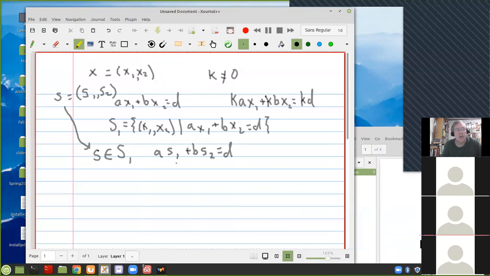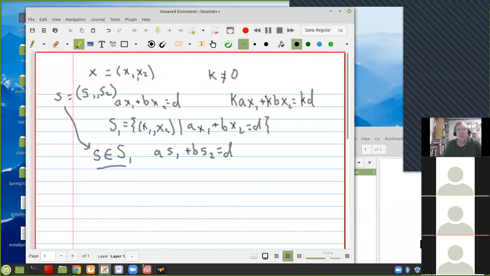And so the question is, the values S are a member of the solution set if this is a true equation. That's what this notation means. It means I use this as my defining property of the solution set.